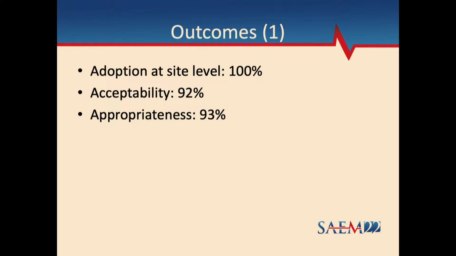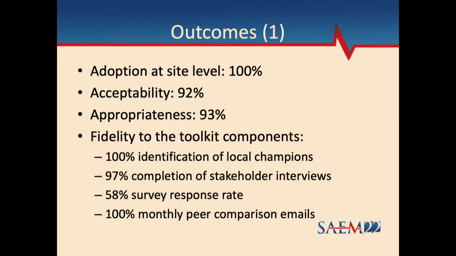First off, the adoption, we were able to successfully roll this out at each of the sites. In terms of acceptability, this was based on surveys. People felt it was both acceptable and they were willing to have a go with it. In terms of fidelity to the toolkit components, we identified local champions to serve in that role at each of the sites.